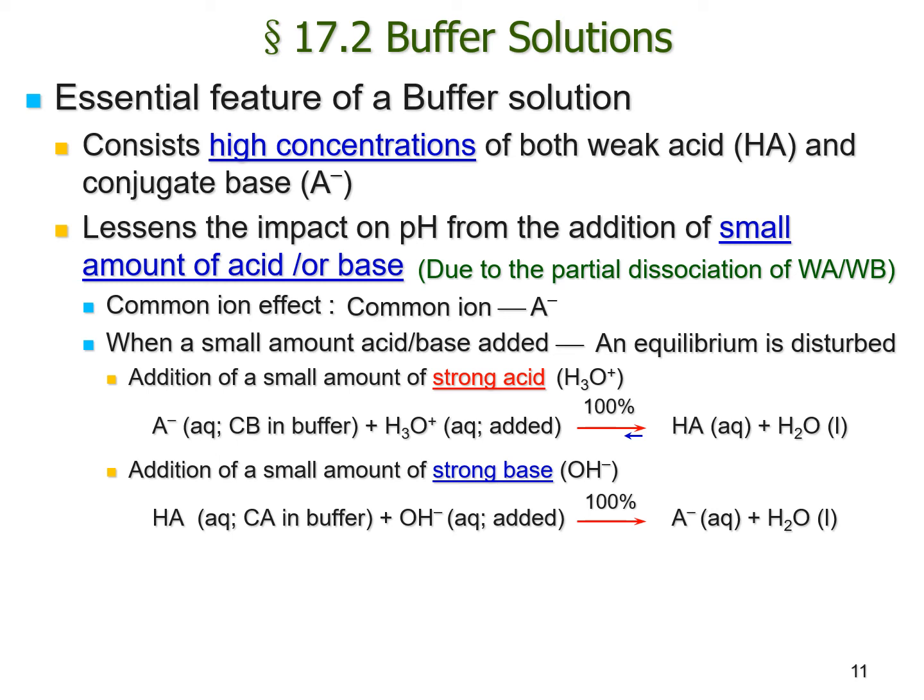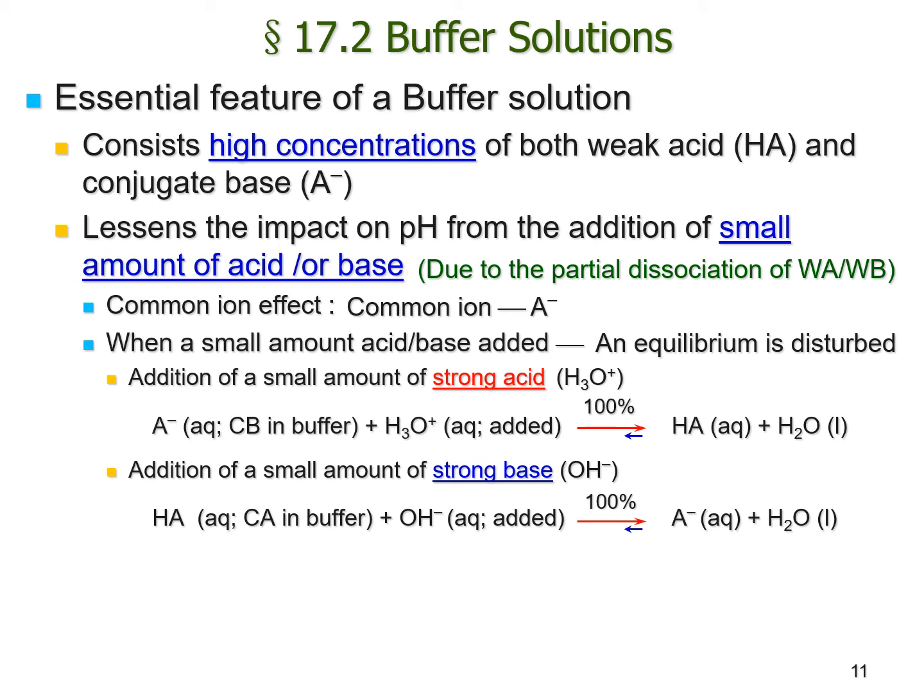Now the conjugate acid in this buffer solution reacts with hydroxide 100% to completion, so we get a conjugate base. Remember, it's a weak base and does not give back too much hydroxide, meaning the hydroxide of this buffer solution doesn't change much.